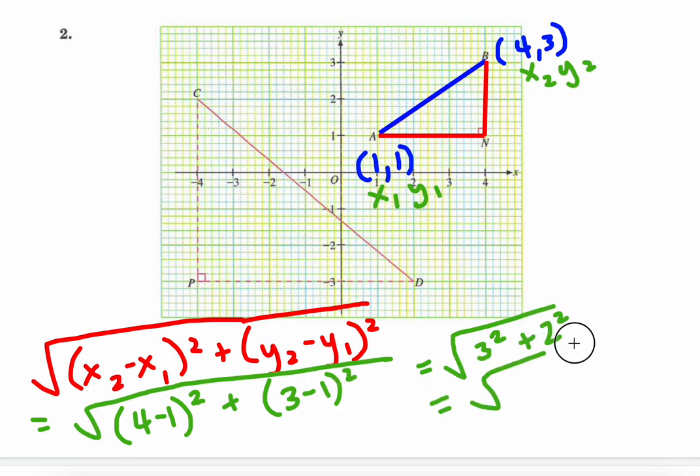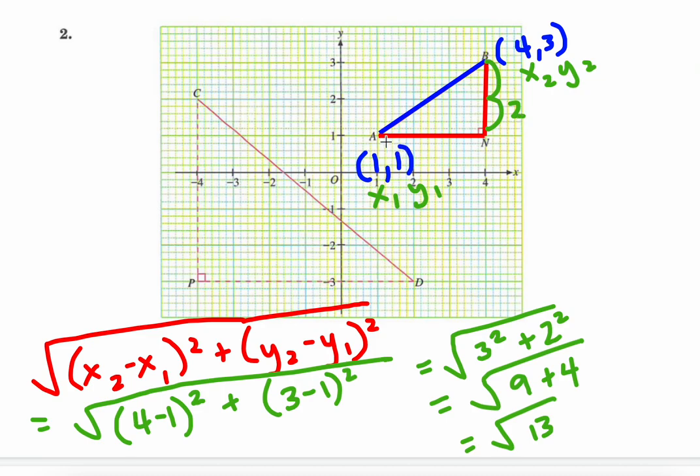So 3 times 3 is 9. 2 times 2 is 4. So then my final answer is whatever the square root of 4 plus 9 is, which is 13. That'll be my answer. Now, did I get 3 and 2 for my sides if I were to count it normally?